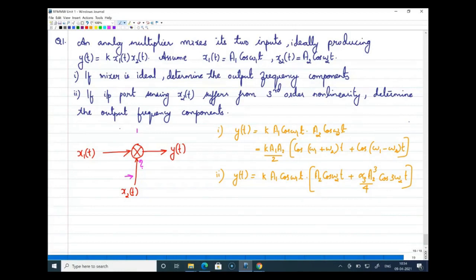Whenever I say a mixer, what I'm expecting is, if I'm giving two frequencies, I should get sum and difference terms. That is what I got directly in the first example. You can see omega 1 plus omega 2 and omega 1 minus omega 2. If the mixer is an up conversion mixer, we will look for the product omega 1 plus omega 2. If it is down conversion, we will look for omega 1 minus omega 2. But that will happen only in the case of an ideal or linear system.